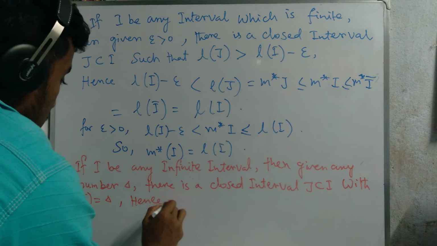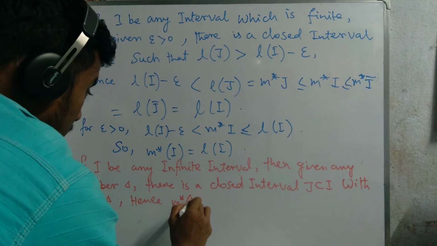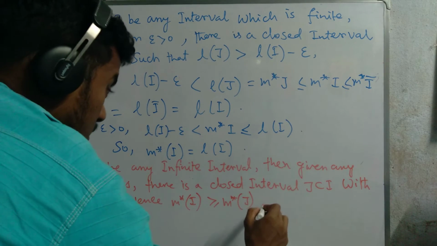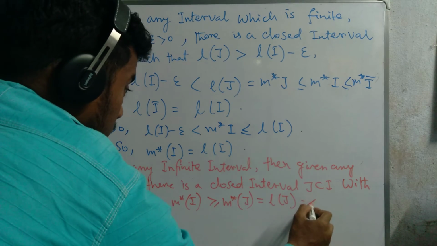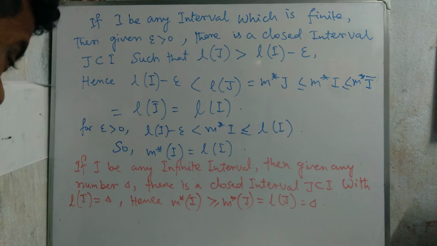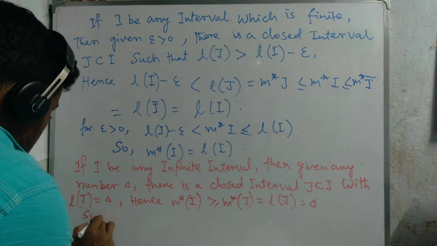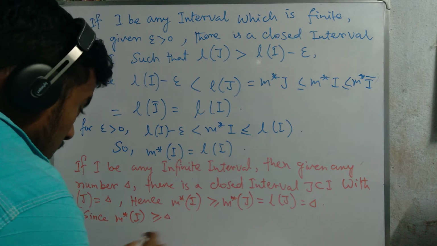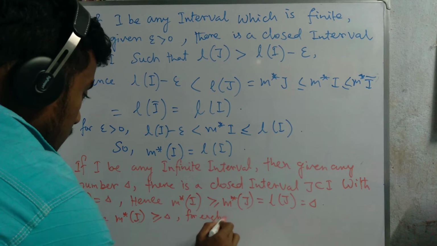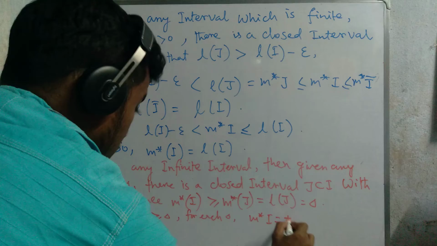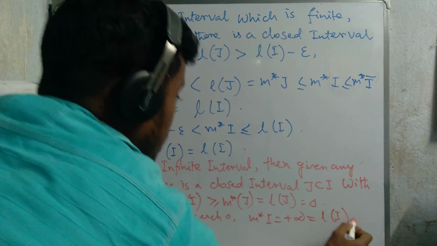Hence m star I is greater than or equal to m star J, equal to L(J), equal to delta. Okay, so since m star I is greater than or equal to delta for each delta, m star I equals plus infinity, equal to L(I).